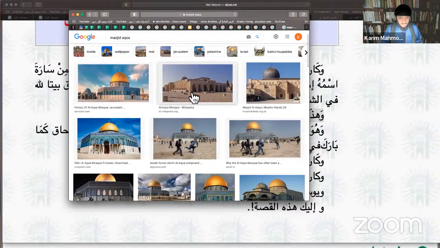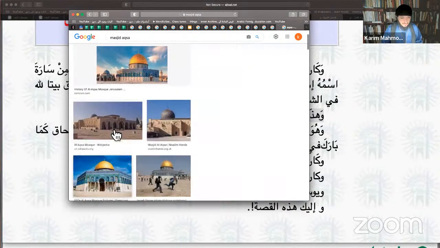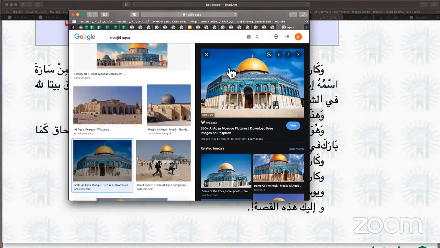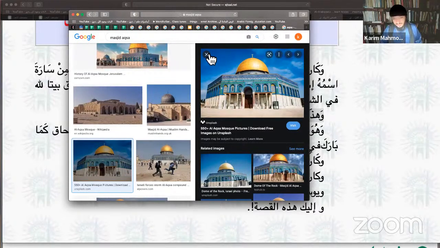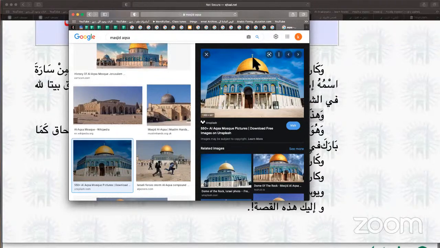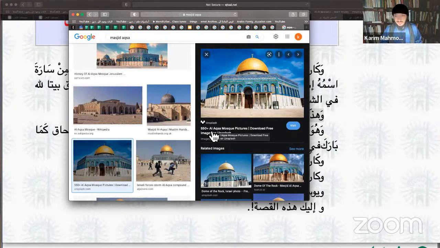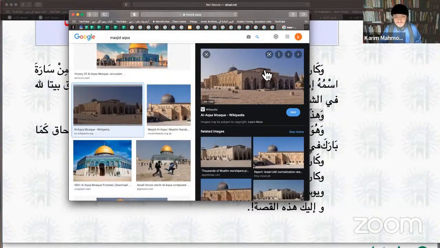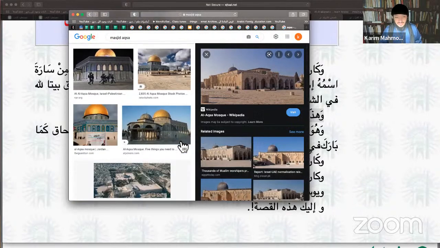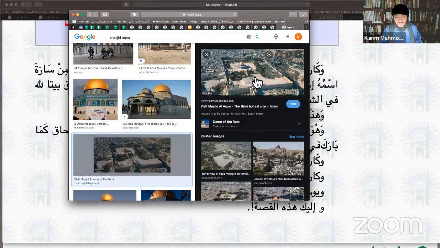Now, this is Masjid al-Aqsa, right? Wrong. Not Masjid al-Aqsa. Come on, man, you know better. It says Masjid al-Aqsa, but it's deceiving information. These people don't know what they're talking about. This is the Masjid al-Aqsa right here, right next to each other. You see this? That's the real Aqsa.